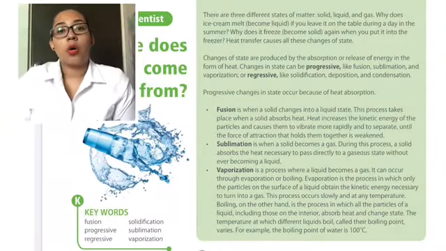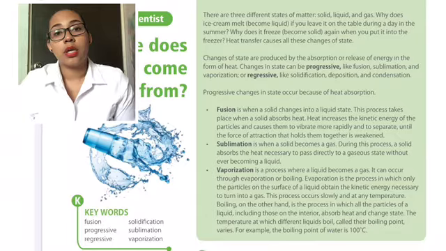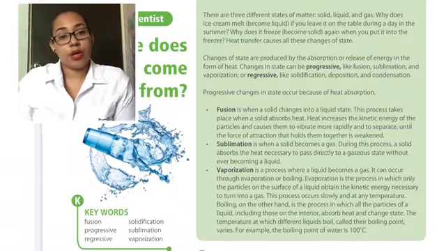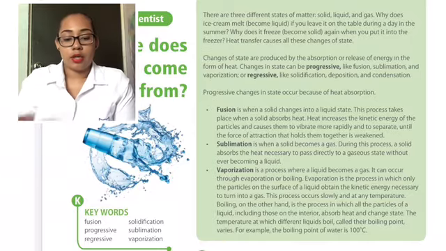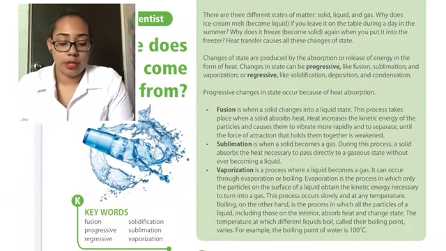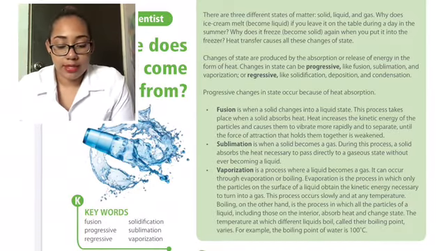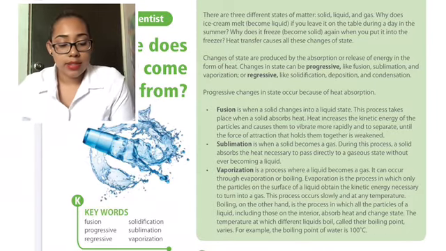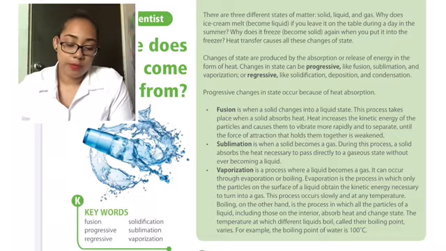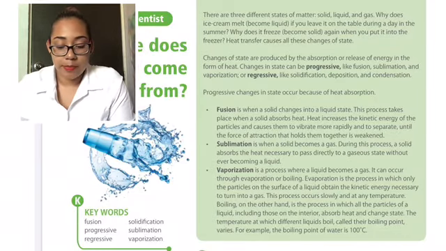So read with me. Open your learning logbook on page 102, and on the green information we're going to start reading. There are 3 different states of matter: solid, liquid, and gas. Why does ice cream melt, become liquid, if you leave it on the table during a day in the summer?